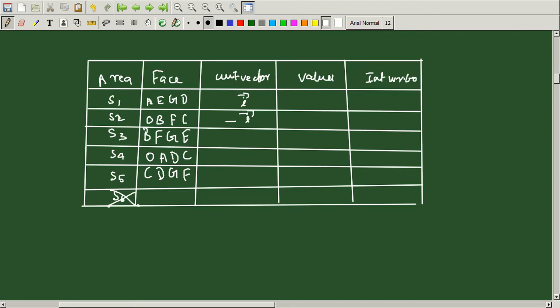So this is i, minus i, j, minus j, and k. This one is not included, so don't worry about that. For the i direction, the x value is 1, since the range is already given as 0 to 1. If it is the opposite of i, we start from 0, so the x value is 0.